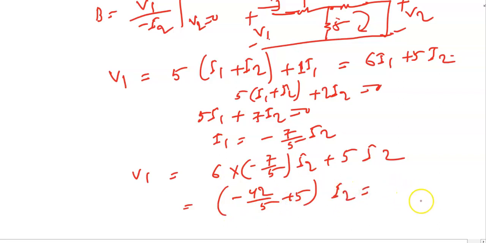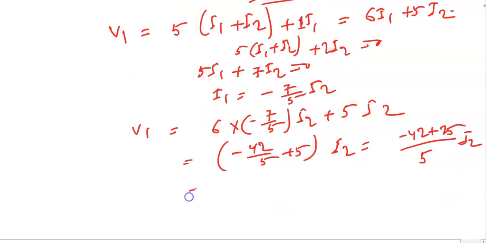Minus 42 plus 25 I2 is equal to how much? It is minus 17 upon 5 I2.